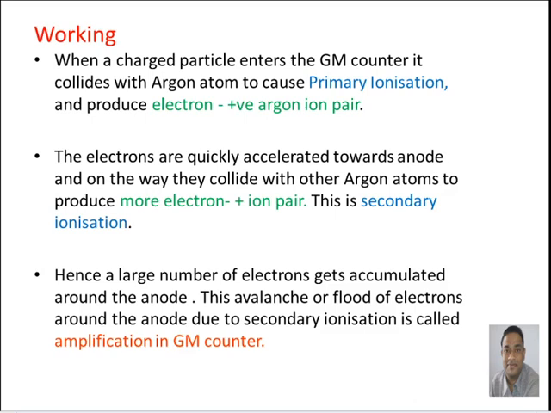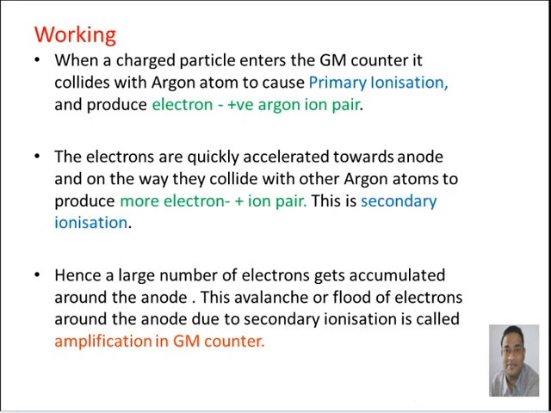The electrons are lightweight and they are quickly accelerated towards the anode. On the way to the anode, they may collide with other argon atoms to produce more electron and positive ion pairs. This is the secondary ionization. See here, two types of ionizations are taking place.